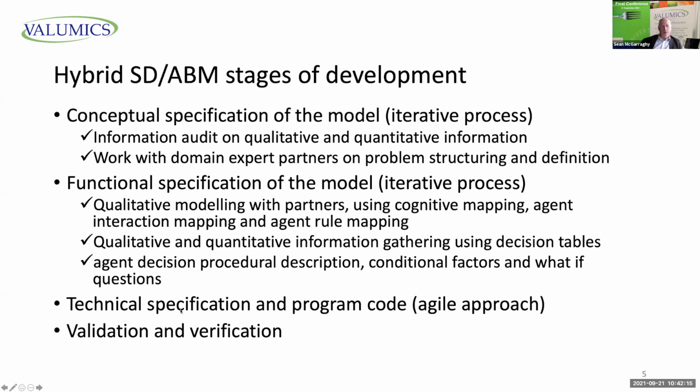Later stages then are more technical, so I'll just mention that they existed. Technical specification is developing a set of computer modules and how they'll interact. It's a lower level of detail, and then all of that is converted into actual running program code or an application. And an agile approach was adopted for this, where small changes were made iteratively in quick succession.